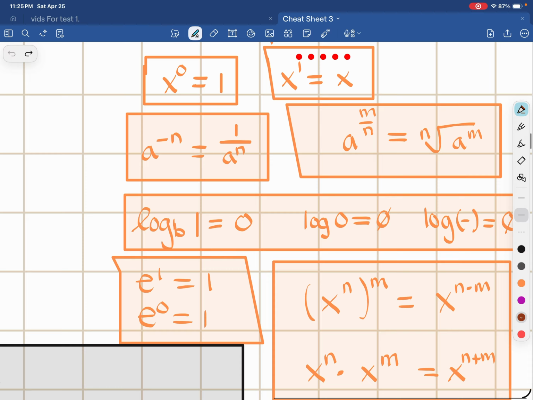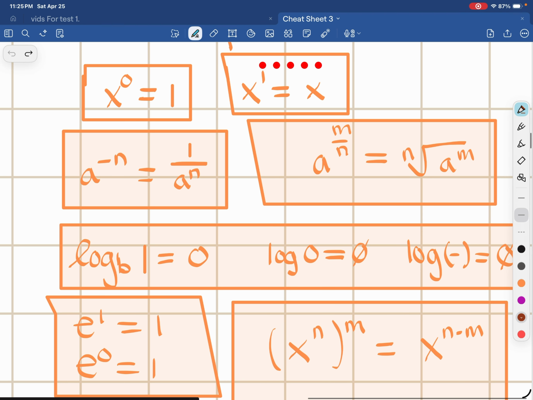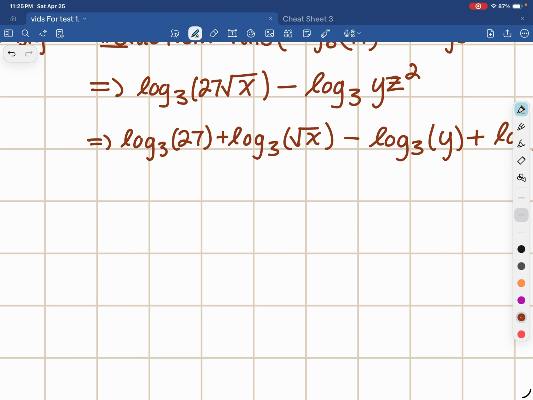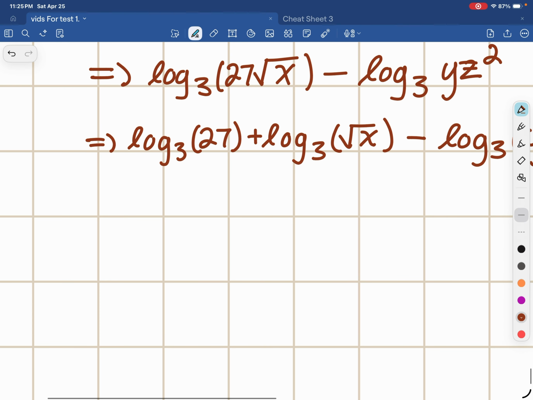Yep, so we can write it as a rule right here. I'm going to write that again when we actually do it. Then also the last thing I see is 27. We know that 27 is a cube number, and that happens to be 3 cubed.